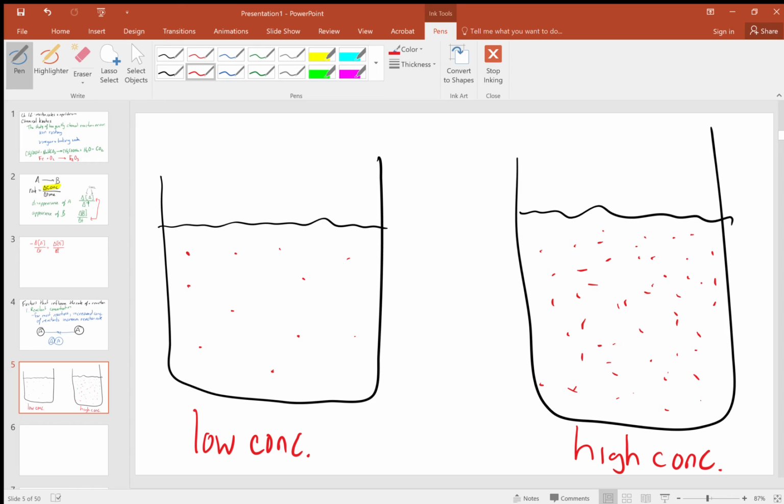At much higher concentration, what's more likely to happen? At that point, the molecules are much more likely to come in contact with each other, and it's much more likely for a reaction to occur. So in general, higher concentration equals higher rate of reaction.